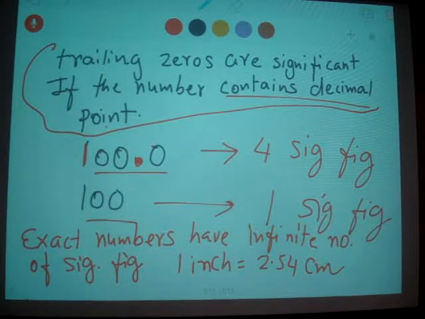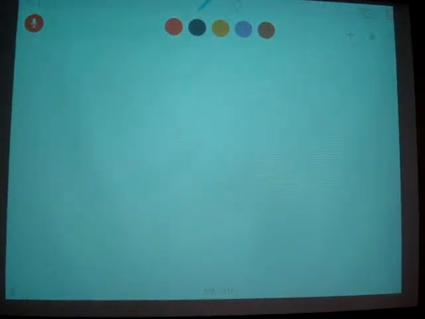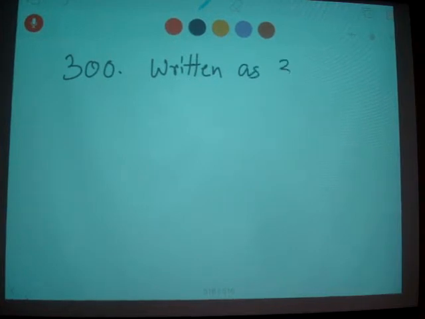Alright, now exponential notation: how we can write significant figures in exponential notation. So let me go to the next slide, and let's say if we have 300. written as 3.00 times 10 raised to 2.